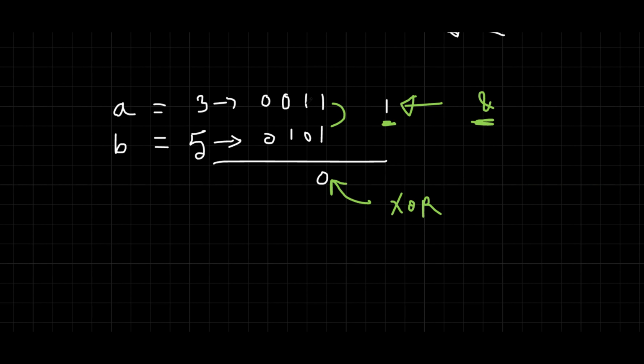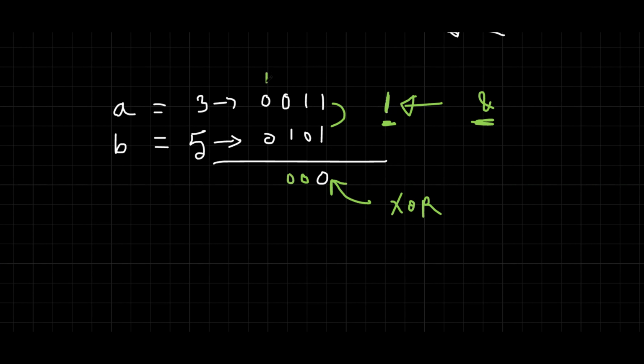Now again, 1 plus 0 will be 1, and again here, 1 will be presented as carry. So 1 plus 1 will be again 0, and the carry will also be 1. Similarly, 0 plus 1 will be 1, and plus this carry 1, which will be 0 again, and the carry will be 1.